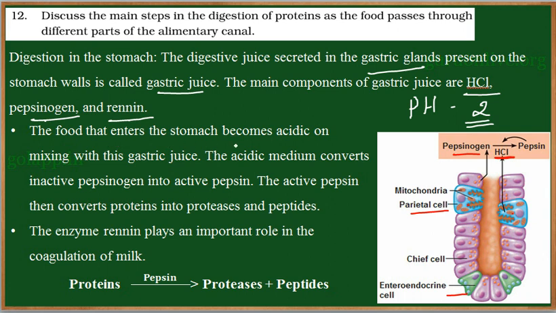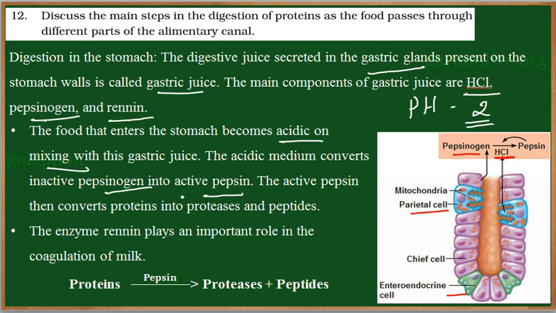Once the food enters the stomach, it mixes with the acidic gastric juice, and the pepsinogen released by the chief cells gets activated into pepsin by the HCl. Once the pepsin gets activated, it converts the other inactive enzyme, prorenin, into renin. So now both the enzymes are activated.